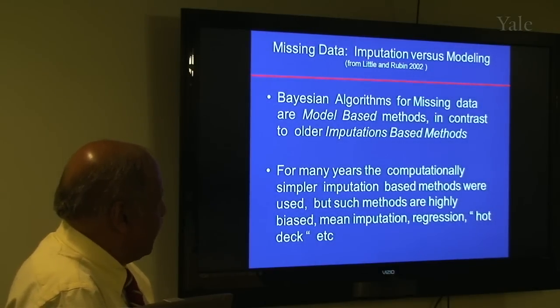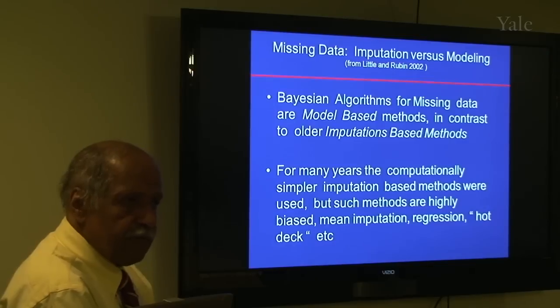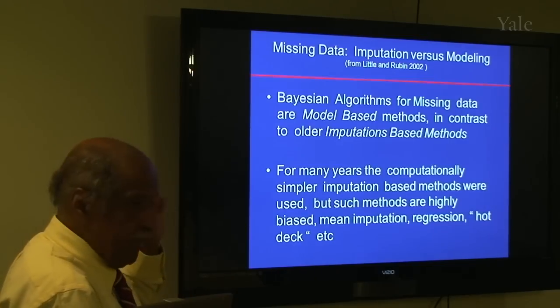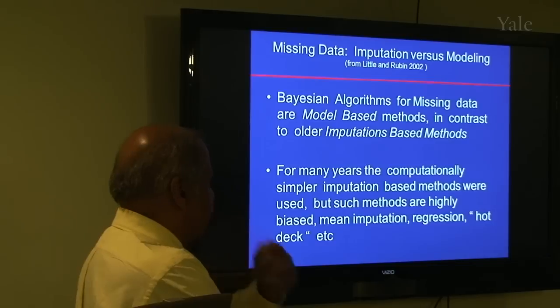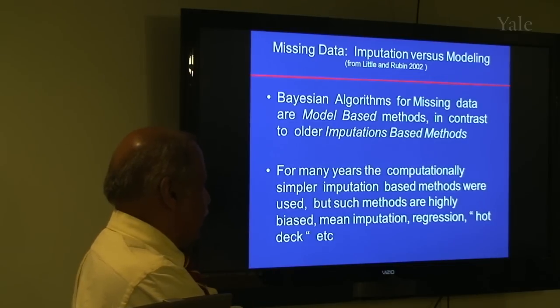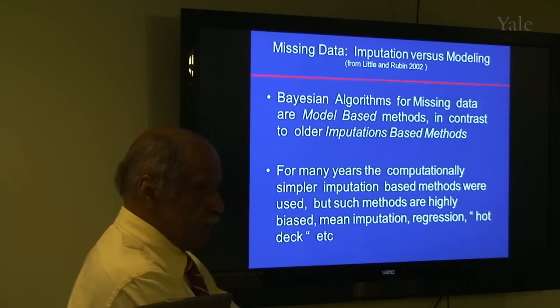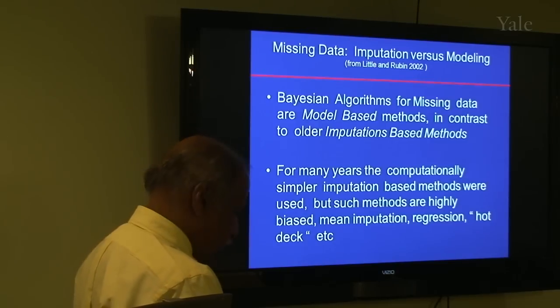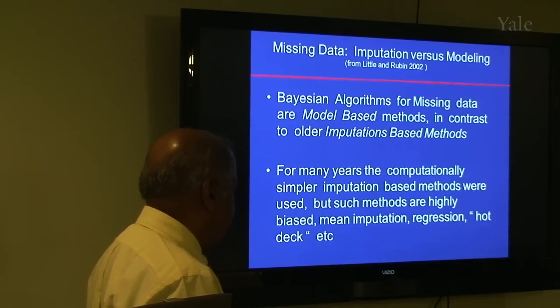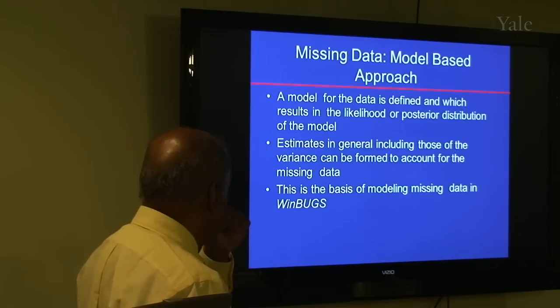There was a really good paper, and I will send you all the references too, Little, of Little's test, that talked about Bayesian algorithms, which are model-based in contrast to these older imputation methods. We already went over this. There were things like hot deck and so forth, which you don't do.